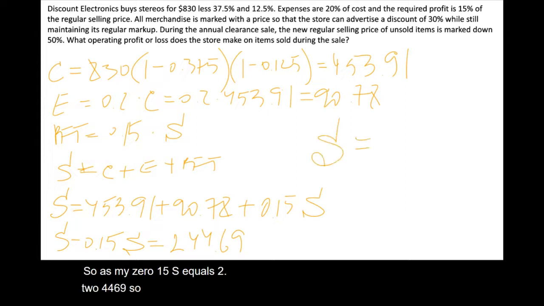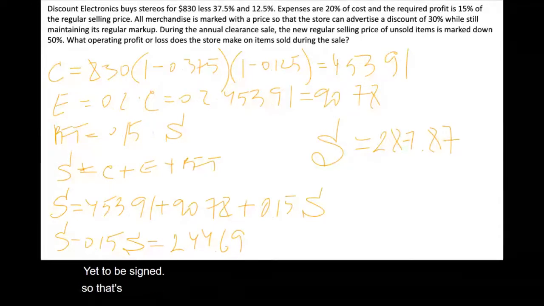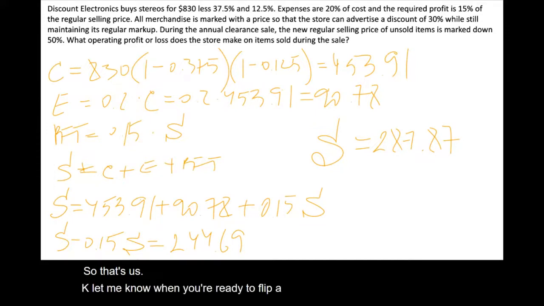So S is 287.787. That's S. Okay, let me know when you're ready to flip a page.